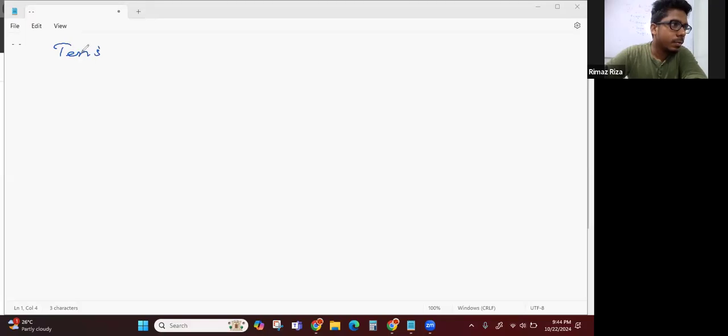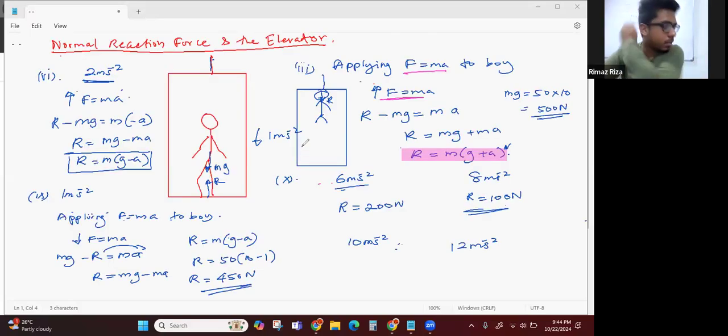In the last one, with the normal reaction force and the elevator, when the lift is moving vertically downward with constant deceleration, is it equal to the lift moving upward with constant acceleration?